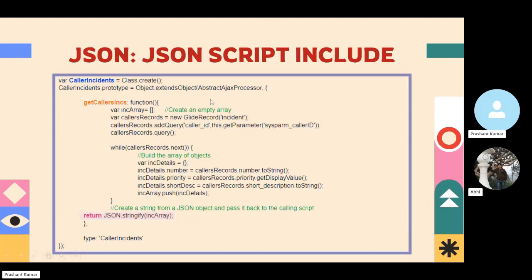Now you will see this is the script include. This is the script include name, and this is the function name. Under the function name, we have executed a lot of things. So these are the two things which are really required to understand how it works.